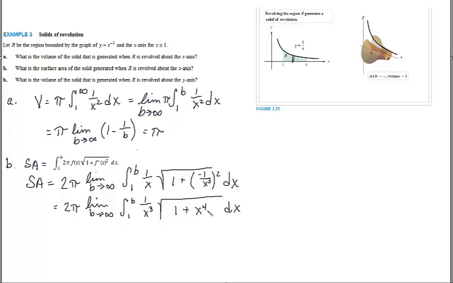Because it's 1 plus x to the 4th, if I say that's x squared, because it's pretty close to that, over x cubed, if I took the square root, then that thing I just got is always going to be greater than 1 over x cubed times x squared, so that's always 1 over x.